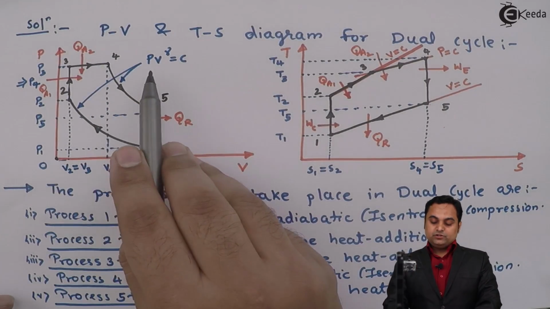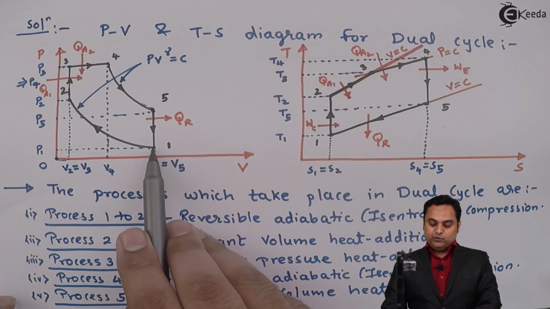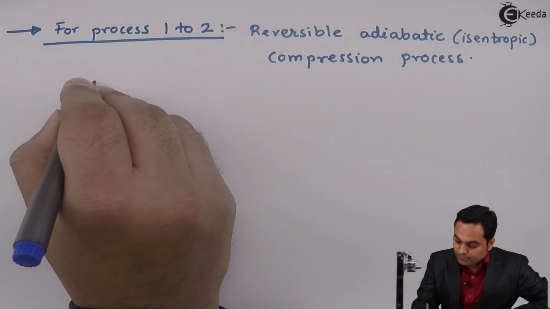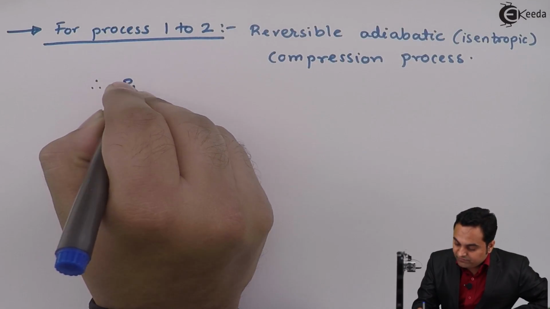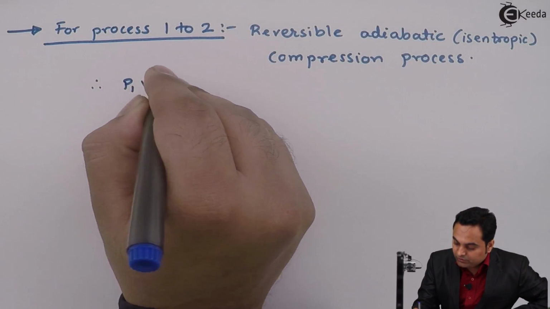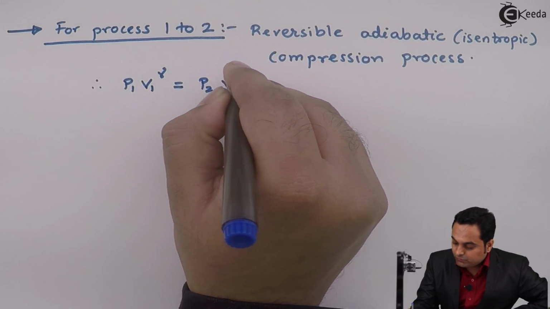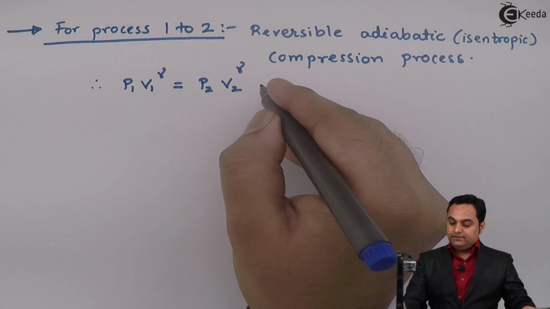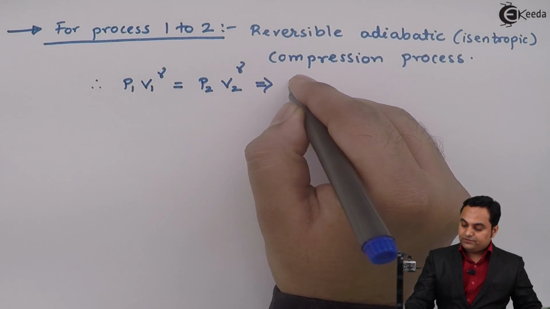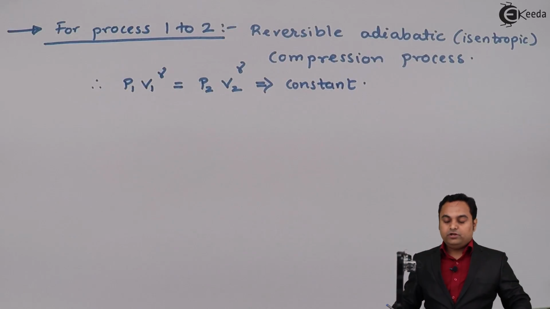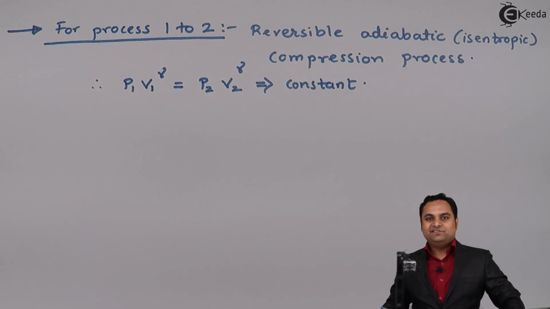So I'll use this law for states, that is points 1 and 2, and I'll write down, therefore, P1 V1 raised to gamma is equal to P2 V2 raised to gamma, and that is equal to constant for a reversible adiabatic process.